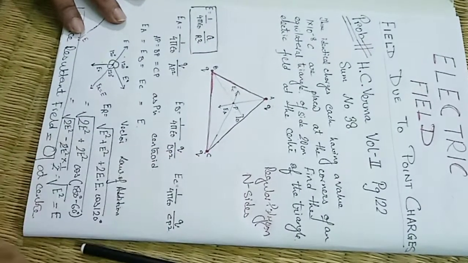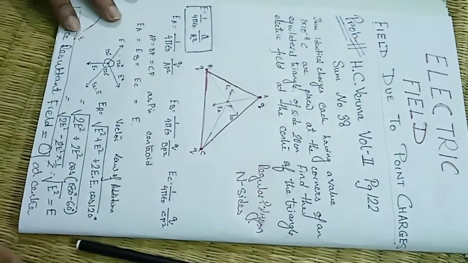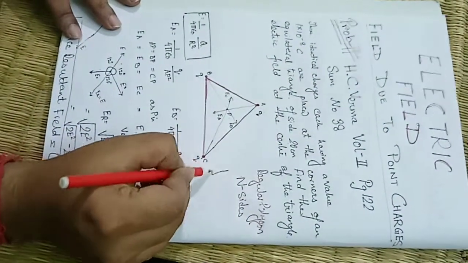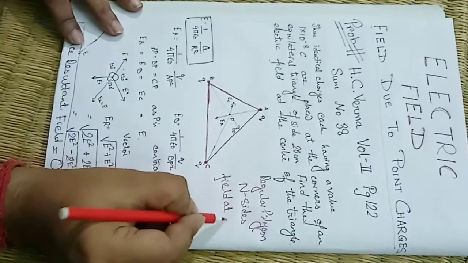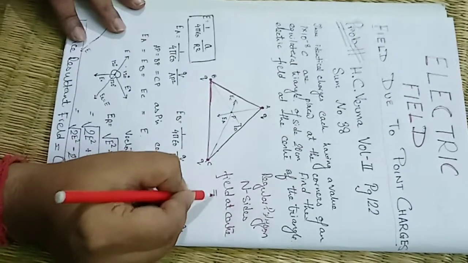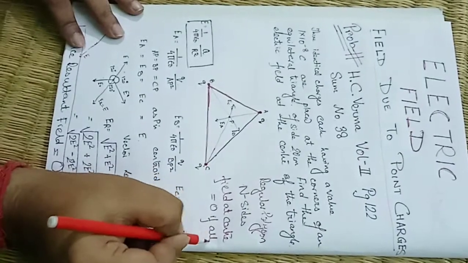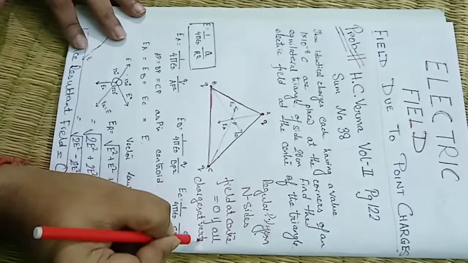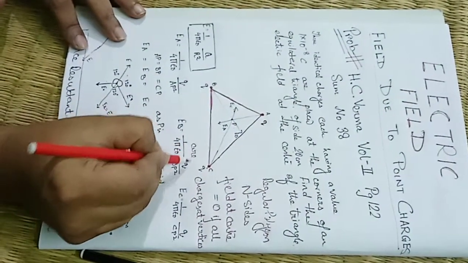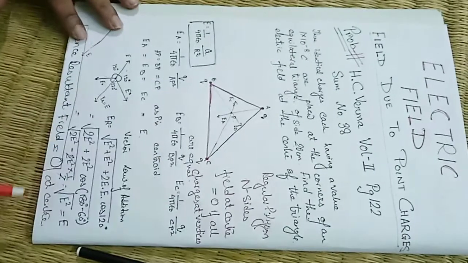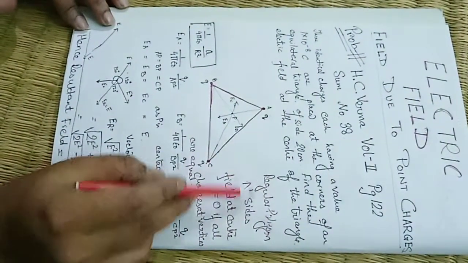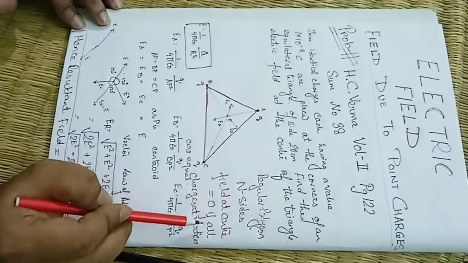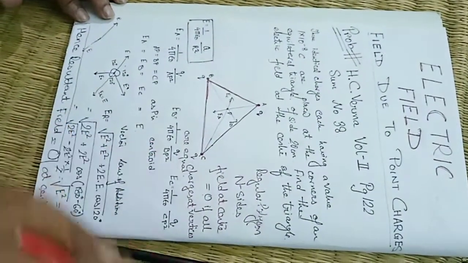From here we can say for a regular polygon of n sides, if charges are equal, field at center is equals to 0 if all charges at vertices are equal. We have extended this result for a regular polygon of n sides where the field at center will be 0 if all charges at vertices are equal.